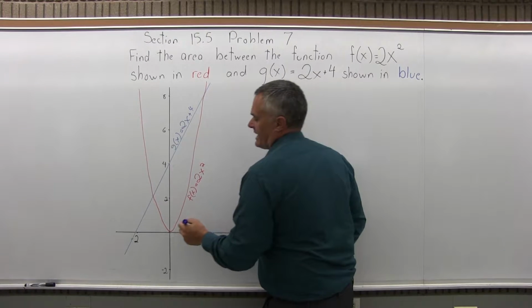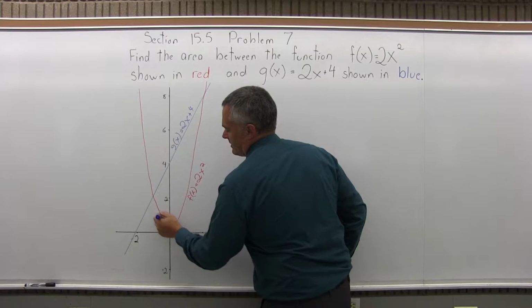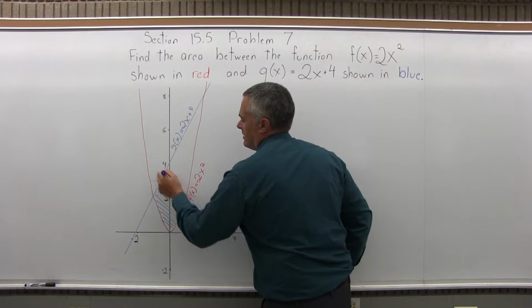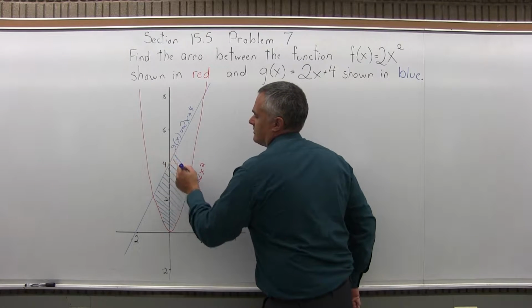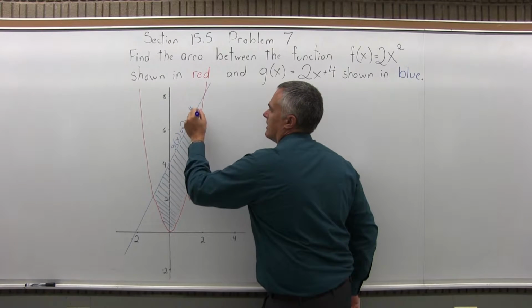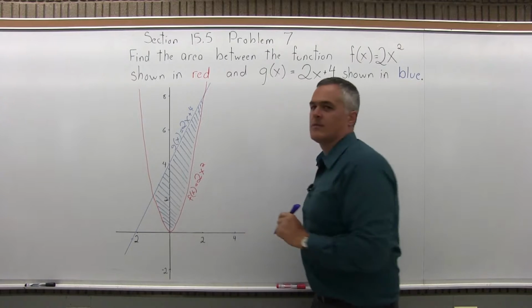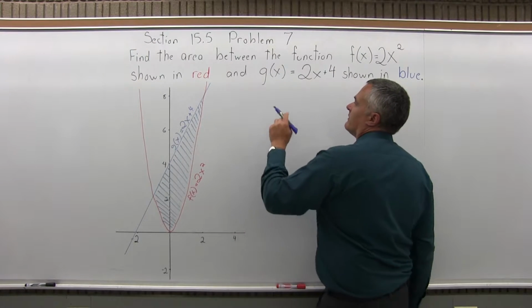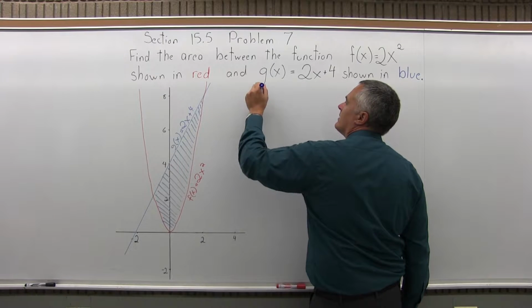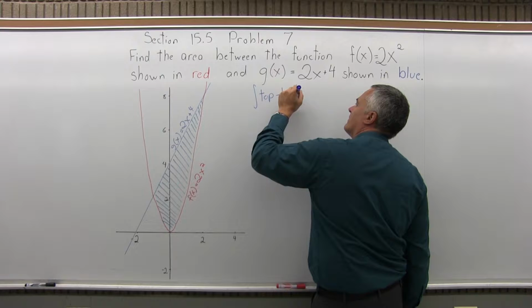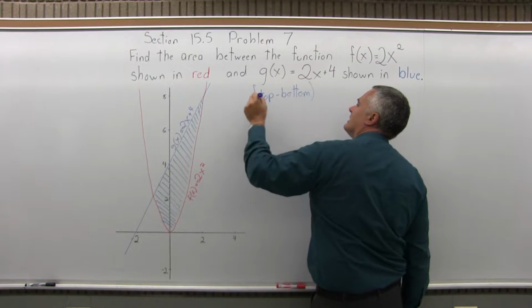So the question is asking us to find this area, this trap between those two functions, the red and the blue. So looking for that area. Problems like this are solved by finding a definite integral of the top minus the bottom, and I'll put a dx on that.